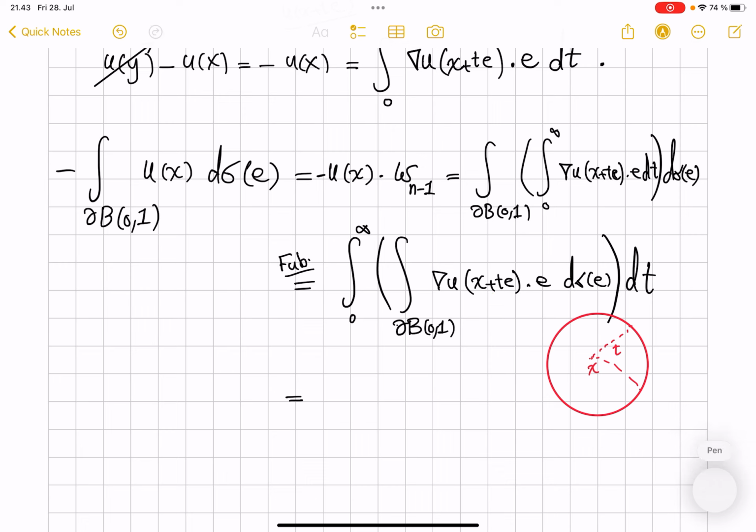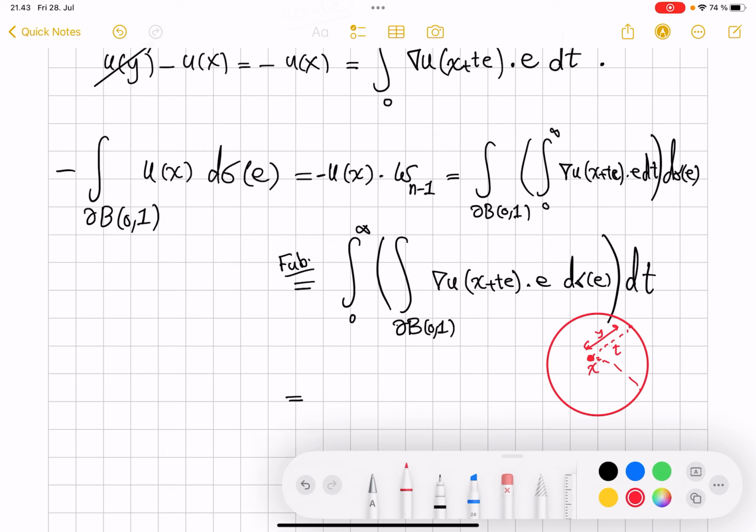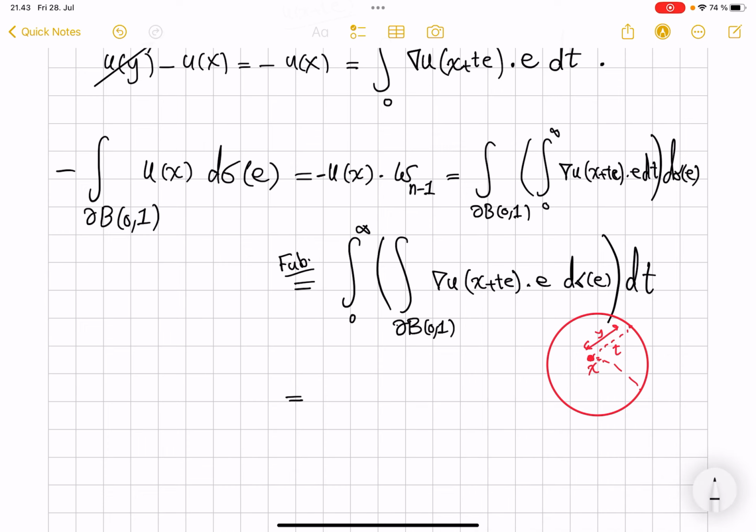Rather, a different notation is that you fix x and you call these vectors from here to here y vectors. So y changes over the boundary. So this will be 0 to infinity, so I don't want to change that part. Okay, and then I will do some changes on the inside.